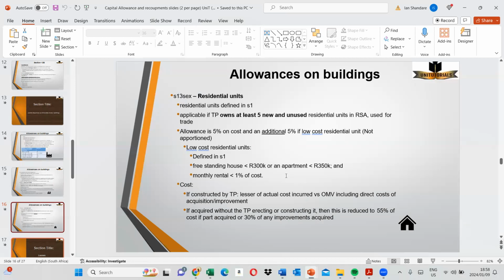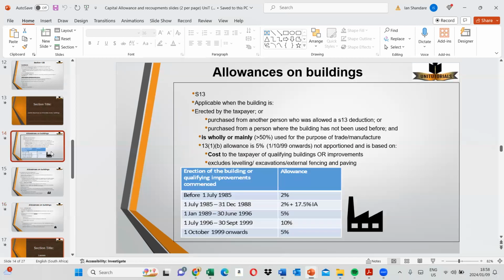Now, the next thing, remember they're using the building for trade. It's a warehouse, so they're using it for trade. When you're reading the text, you need to pay attention to words like, is it new? So section 13 is in regards to manufacturing buildings, as well as buildings used for trade.